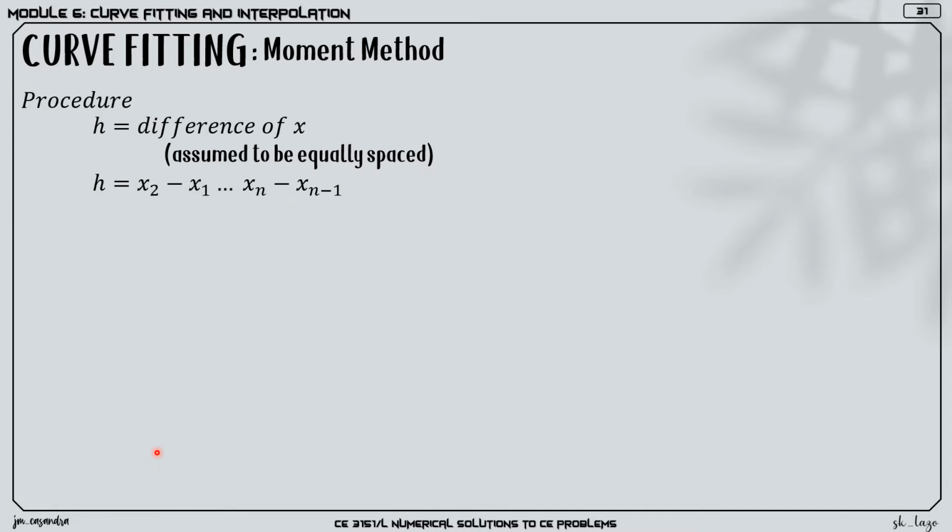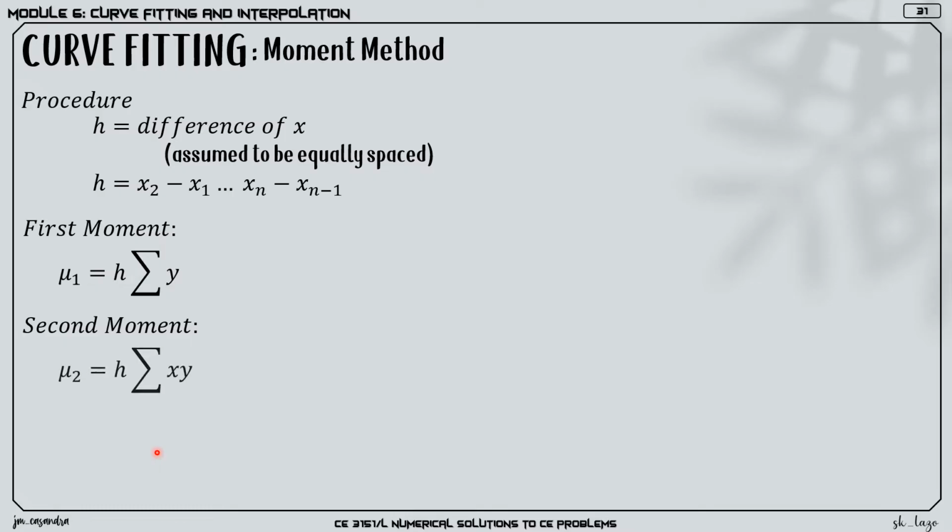We start off with the first true moment, which is given by mu sub 1 equal to h times the sum of y. For the second true moment, mu sub 2, that's equal to h times the sum of x y. The moments required depend on the number of coefficients in the equation.